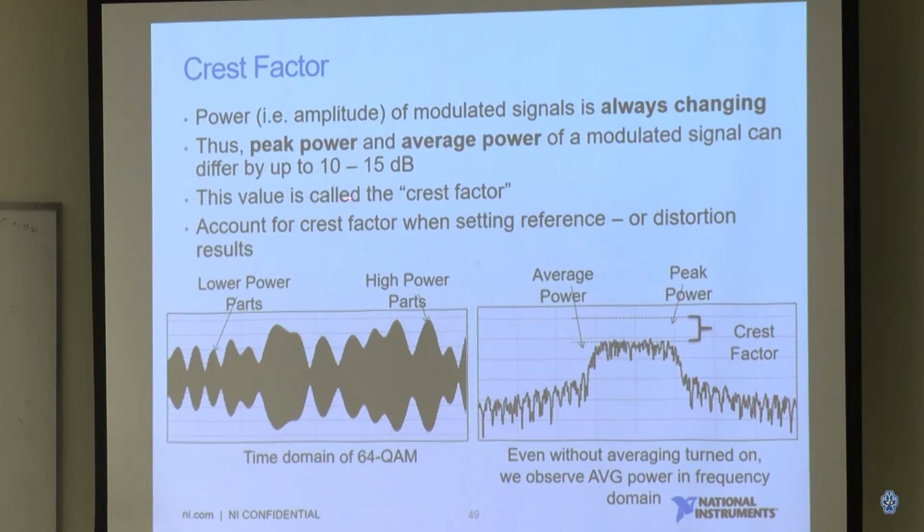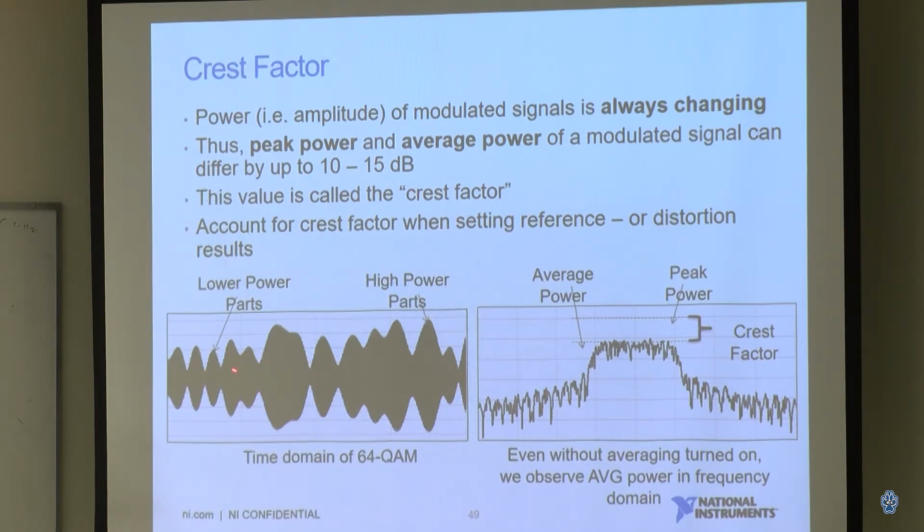So the difference between peak power and average power is called crest factor. And some people will call it PAR, where P means peak power to average power ratio. So this is why it's called PAR. The same kind of concept as crest factor.